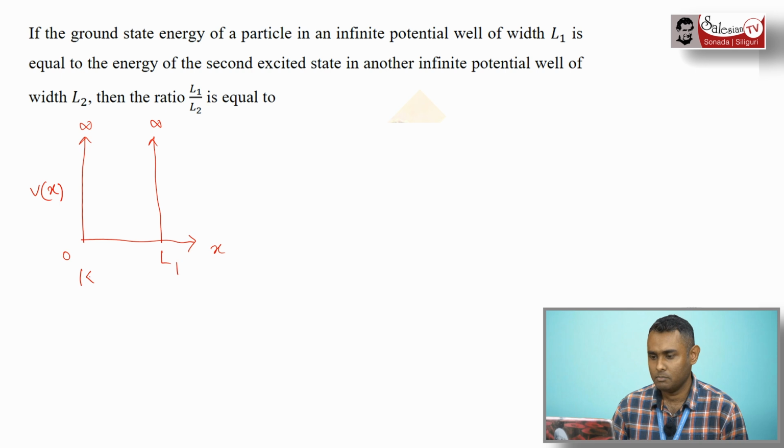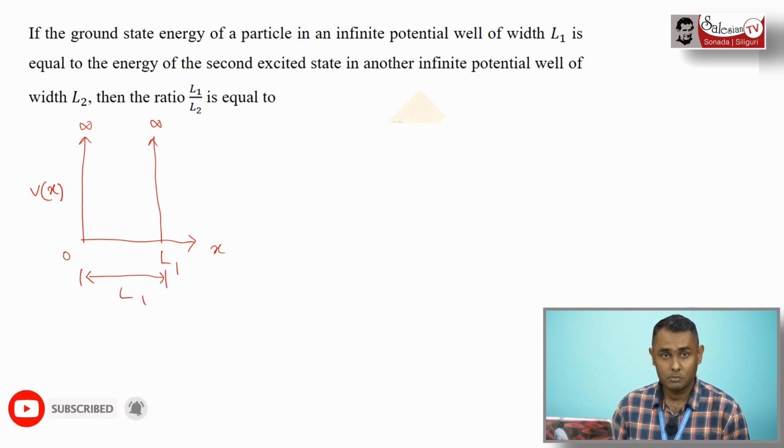As you can see from this picture, the width of the potential well is L1, and the ground state energy for this case, I will write it as E1, equals pi square h cross square by 2m L1 square. We just saw that this will be the expression for the ground state energy.